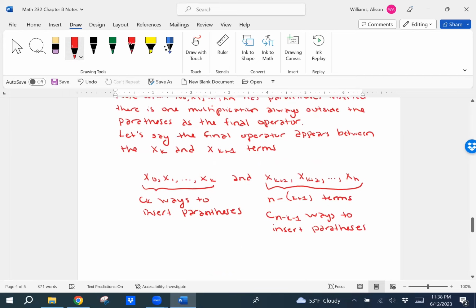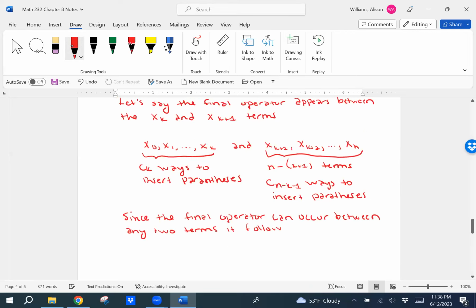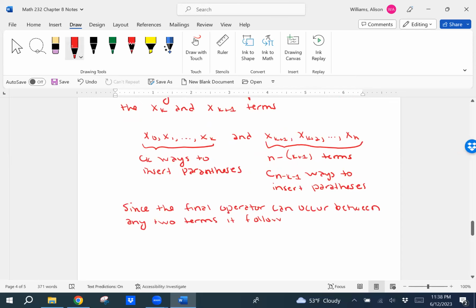So since the final operator can occur between any two terms, then it follows to list out all those possibilities. And here's how that'll look.